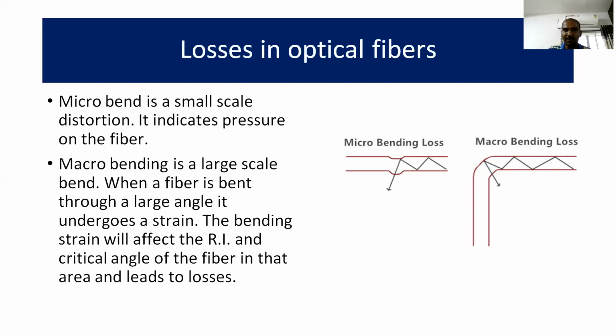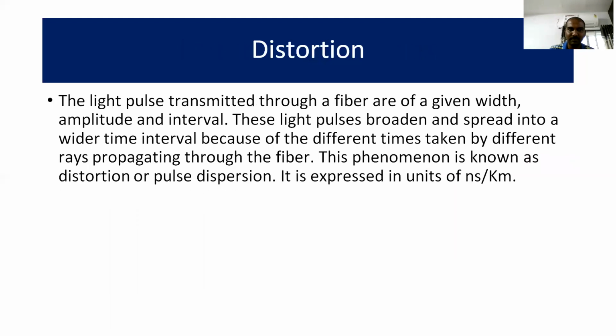Macrobending is a large scale bend. When a fiber is bent through a large angle, it undergoes a strain. The bending strain will affect the refractive index of the material and the critical angle of the fiber in that area, so that leads to losses. So the macrobend, the large bending, we can see on the right hand side portion of the diagram.